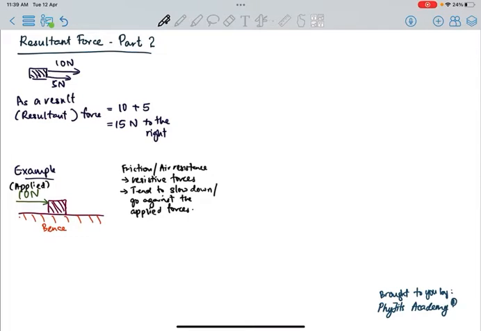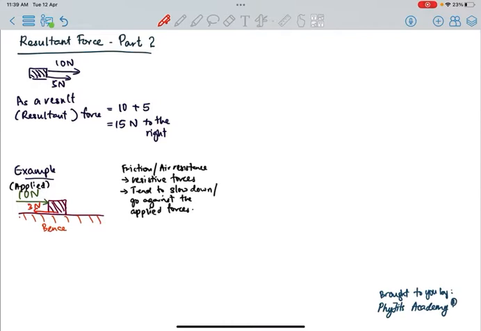There is a friction between the bench and where the box is touching the surface, with a value of maybe 3 Newton. Since there is a friction of 3 Newton, it should be acting in the opposite direction of the applied force, and they always act in the opposite direction. So now we can come up with the resultant of the forces acting onto the box.